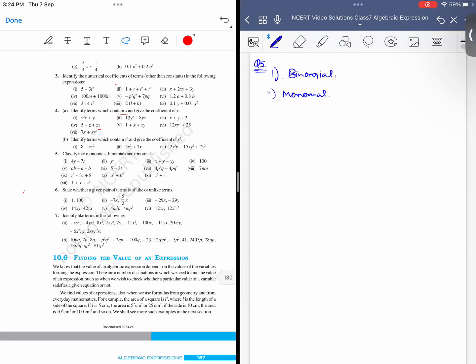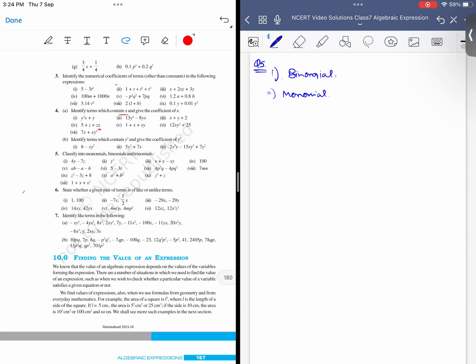It's again having three different terms because the variable factor is different in all of the three terms. That is important: terms are defined only when they have different variable factors. So here all three terms have different variable factors. That means three terms. Now 100 is a constant, so it's a monomial.